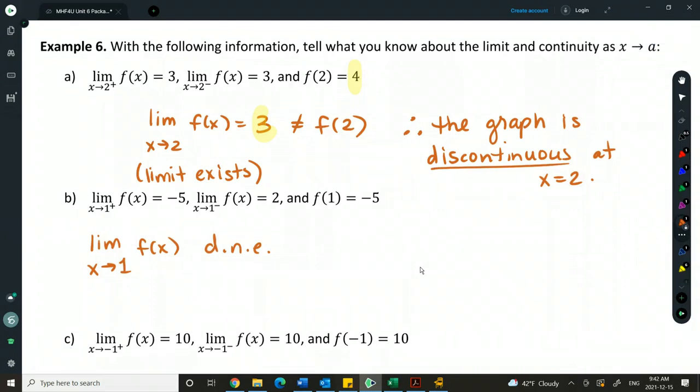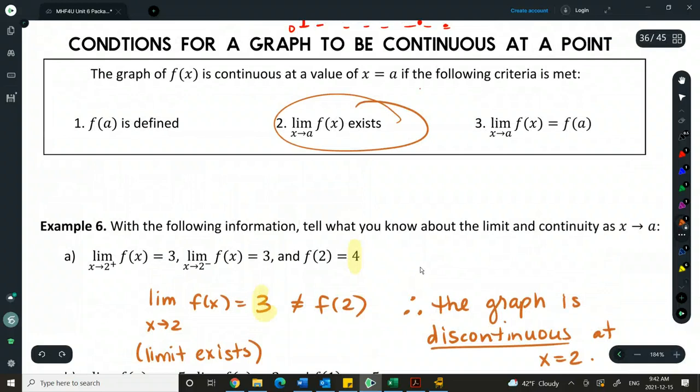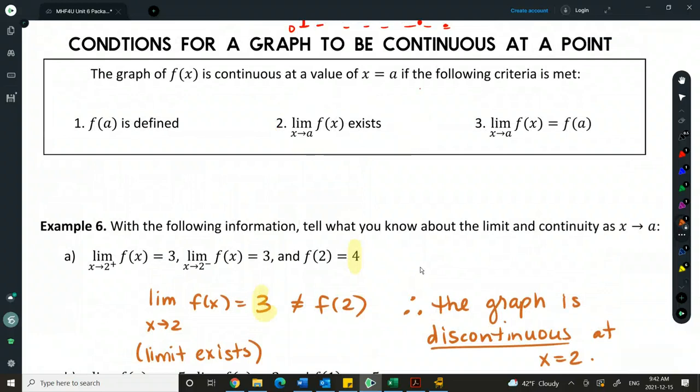And as soon as the limit does not exist, one of the conditions for continuity is broken. So this also means as soon as the limit doesn't exist, my graph is not continuous at this x value.